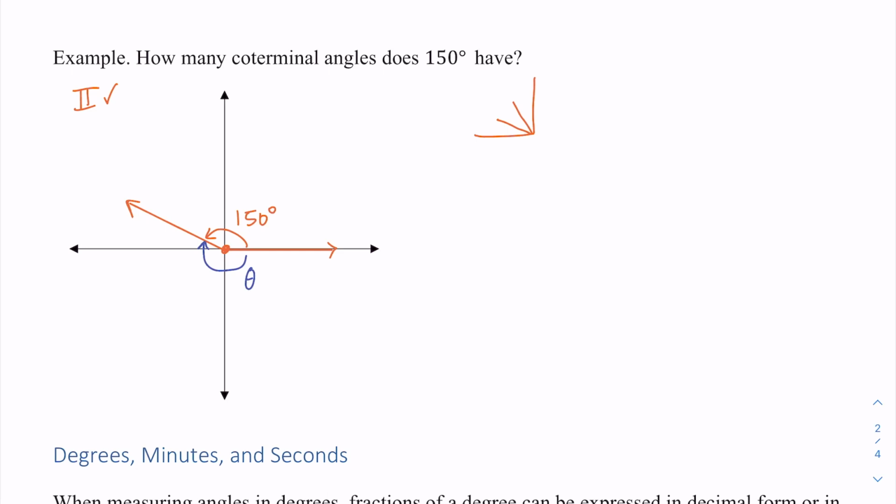Okay, I'll do a different color green here for the next angle. What if I went the same kind of way as theta, but instead of stopping at the terminal side, I go past it, and then I just keep going until I finally hit it on that next go around.